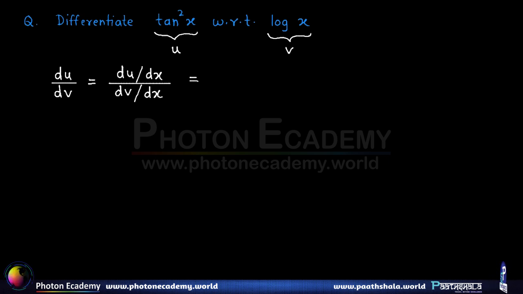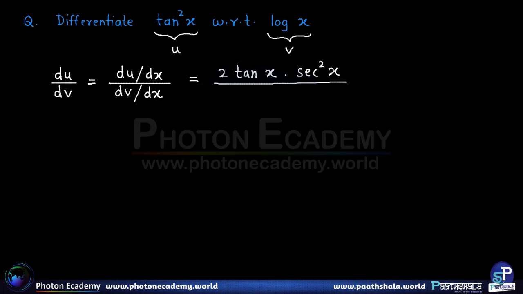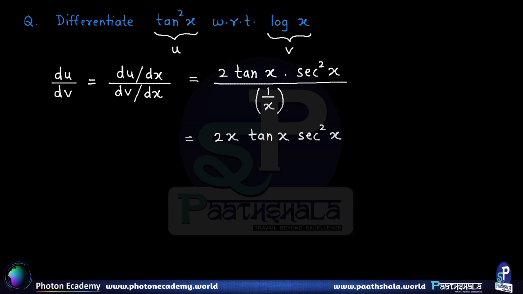Using the chain rule, first we write it as 2 into tan x multiplied by the derivative of tan x, which is sec squared x, isn't it? Whole divided by, now we have to differentiate v with respect to x, and v is log x, so its derivative is 1 upon x. That's it. If we want, we can take that x in the numerator and we'll have 2x tan x into sec square x. That's the answer.